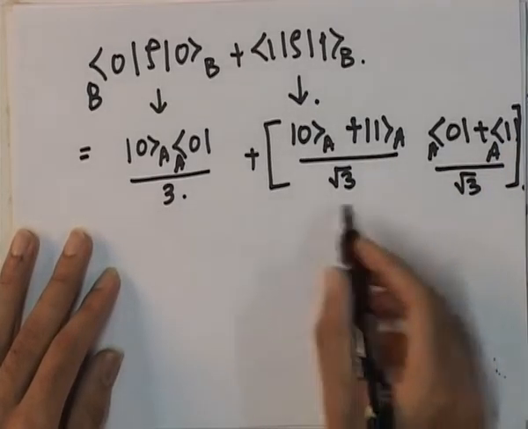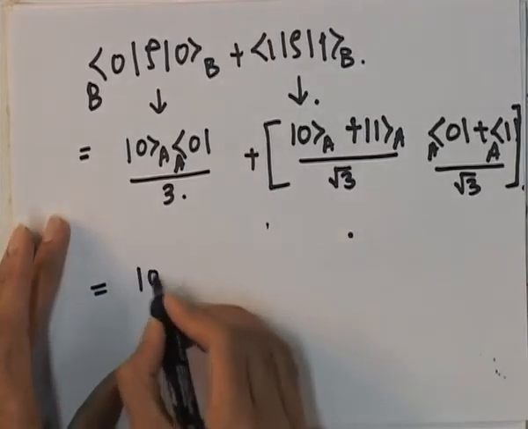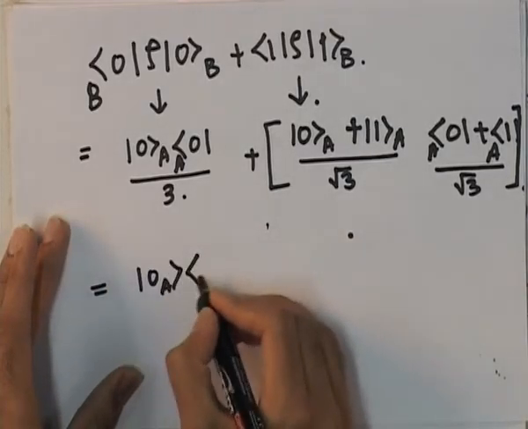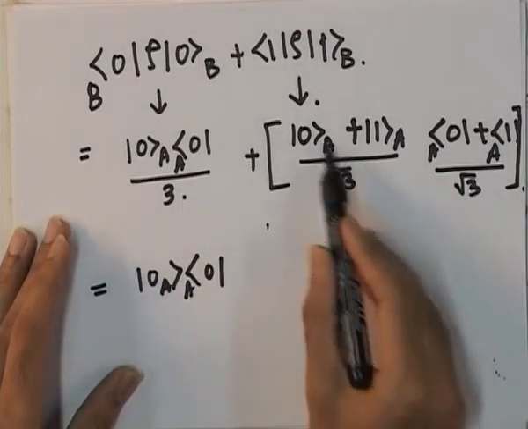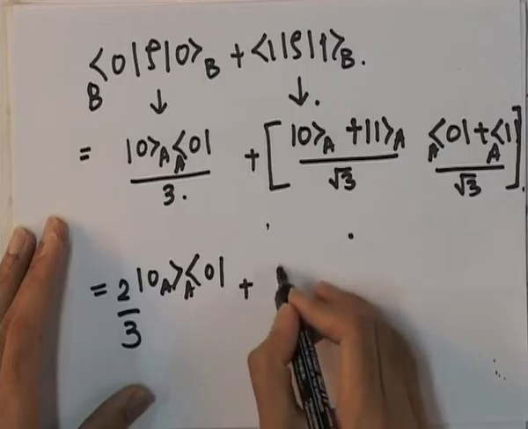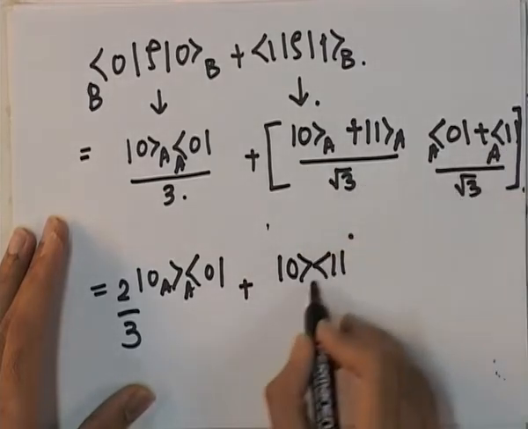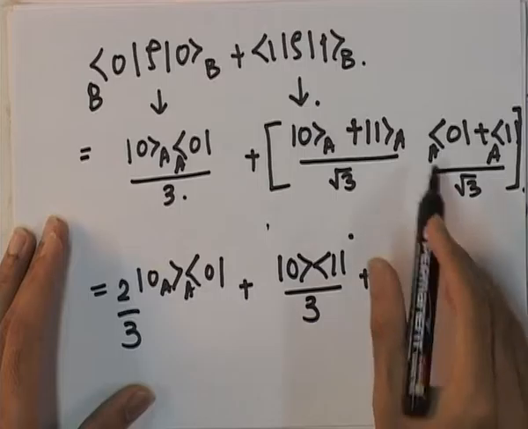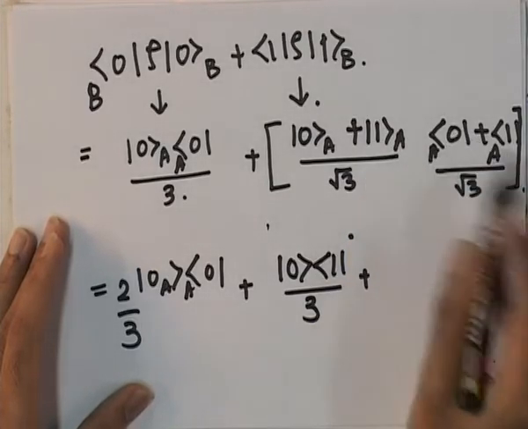So we can simplify this and write this in the matrix form. So |0><0|_A has the coefficient 1 by 3 plus 1 by 3, which is 2 by 3. Then the state |0><1| has coefficient 1 by 3. |1><1| has the coefficient 1 by 3, and |1><0| also has the coefficient 1 by 3.